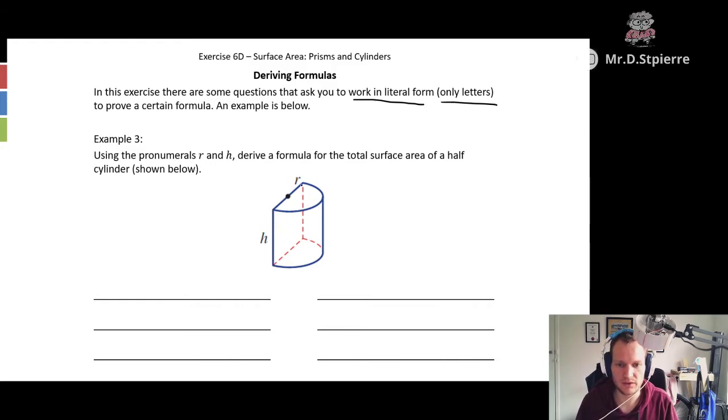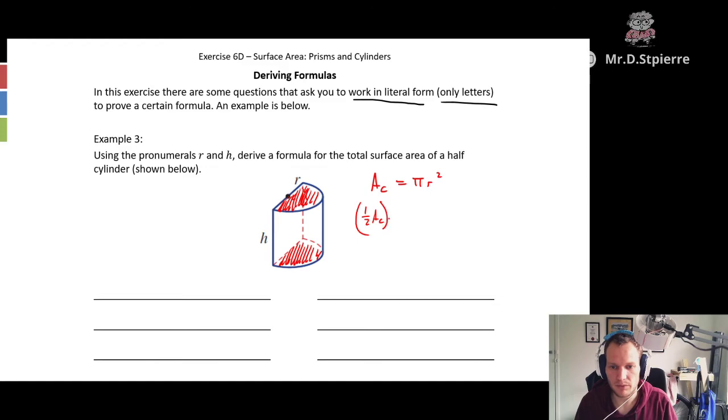So what do we have here? Well, we have a half circle there and a half circle there, and we know the area of a circle is equal to pi r squared. To be clear, we have half a circle at the top, but we have 2 of them, because we have the top and the bottom.